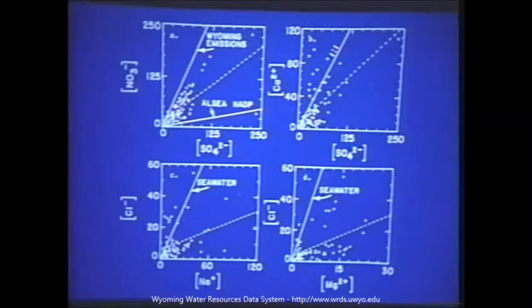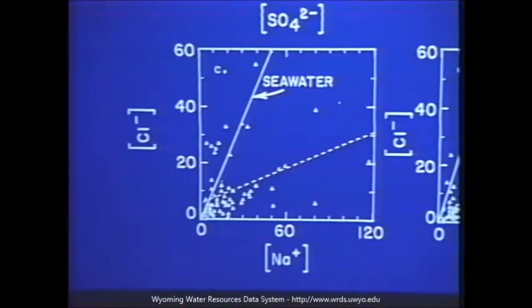Now there's some evidence in the lower left-hand corner, for example, where I plotted chloride versus sodium for this marine source. You can see that some of the samples have a 1-to-1 chloride to sodium ratio, which is what one would expect from an aerosol generated in marine areas. However, most of the samples, as indicated by the regression line, the base cation sodium here is enriched relative to chloride.